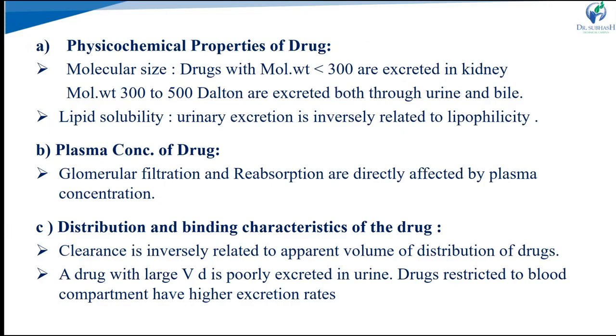Clearance is also inversely related to the apparent volume of distribution. The larger the volume of distribution, the more poorly the drug is excreted in urine. It goes for reabsorption because the distribution is higher, while drugs with low molecular weight have a higher excretion rate.